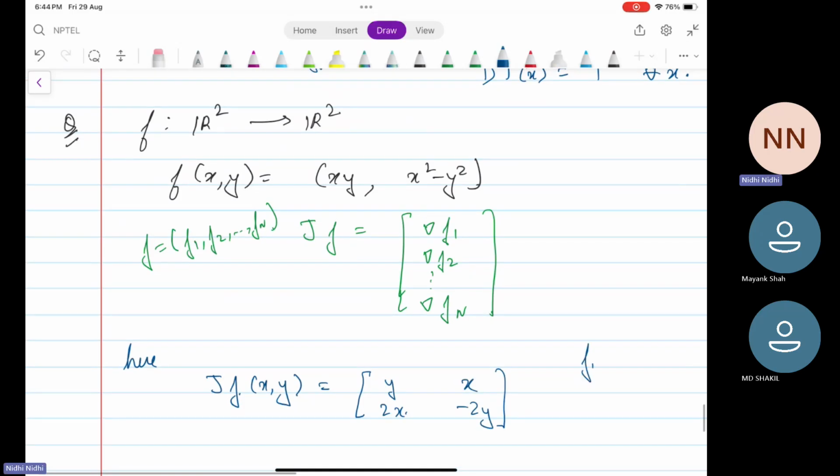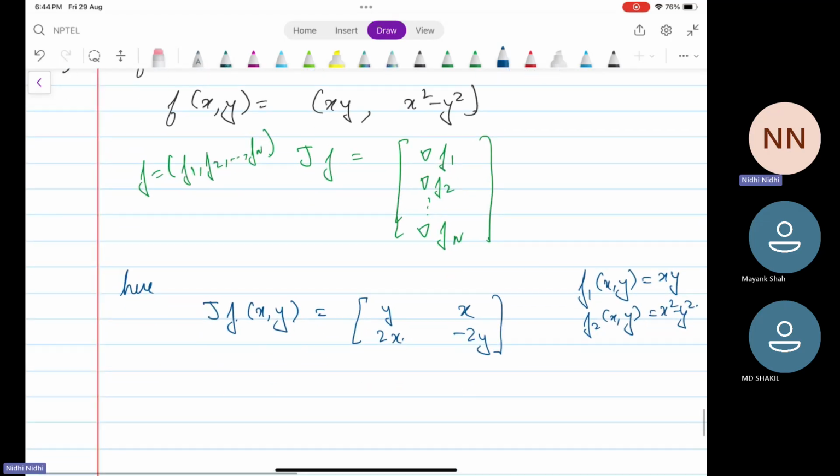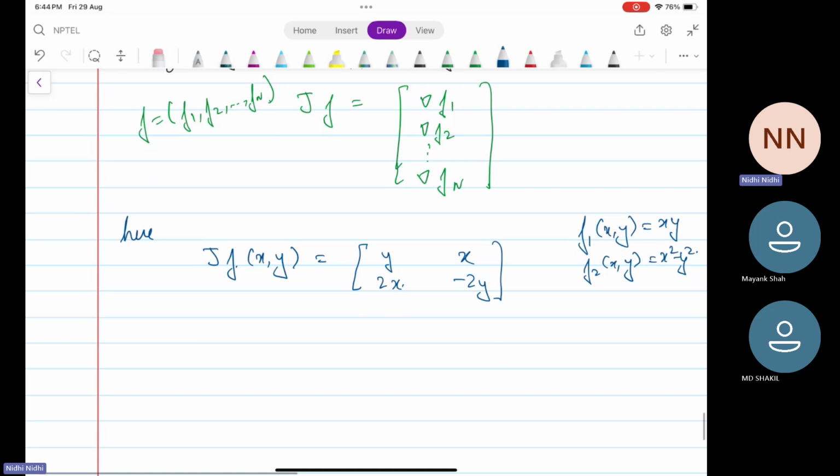Here our f1(x,y) is xy and f2(x,y) is x square minus y square. So we'll show that the linear map corresponding to this matrix will give us the derivative.